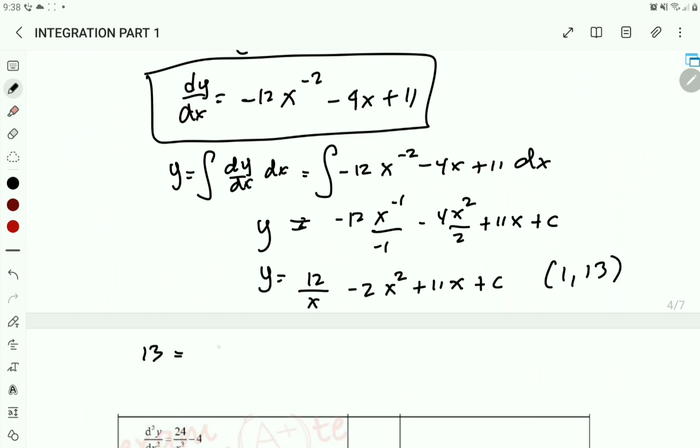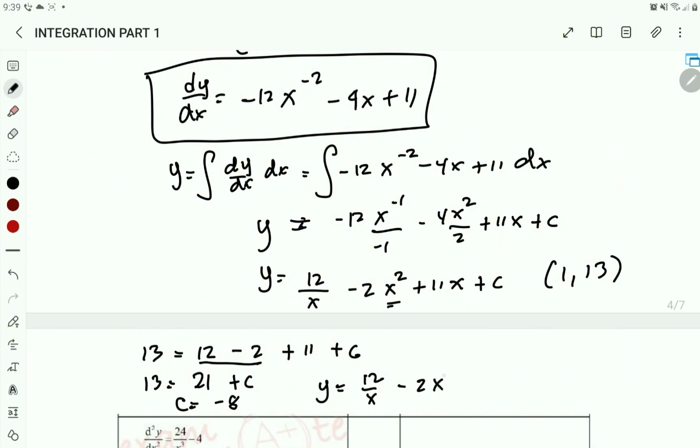So 13 is equal to 12 over 1, which is 12, minus 2 times 1 squared, plus 11, plus c. So 13 is equal to 12 minus 2, which is 10, plus 11 is 21, plus c. Therefore c is equal to negative 8. So the final answer is y is equal to 12 over x minus 2x squared plus 11x minus 8. That's actually a good one.